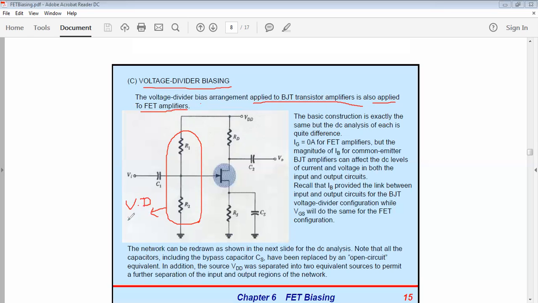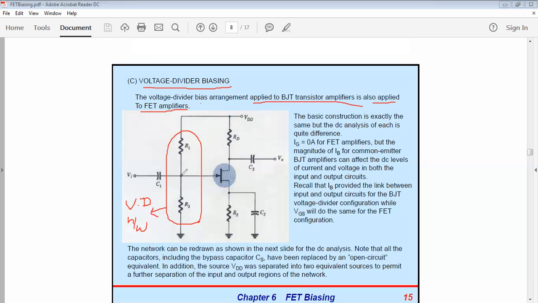Okay, the structure is same. Only the device here maybe BJT or UJT or some other electronic device. This structure is same. Voltage divider bias.